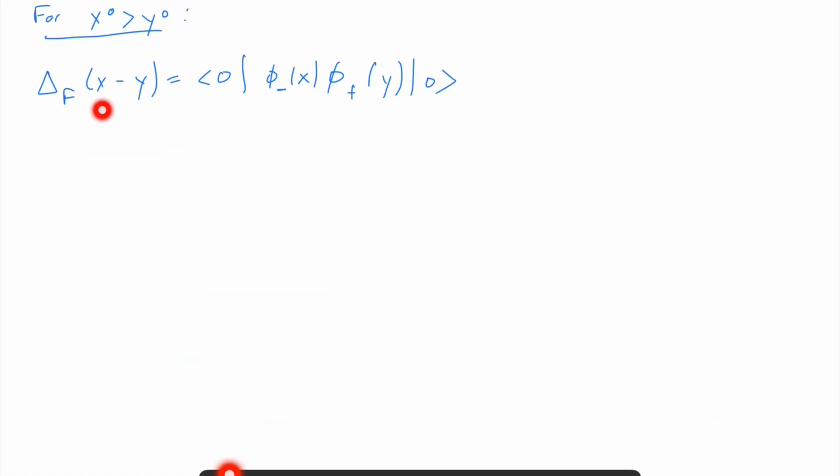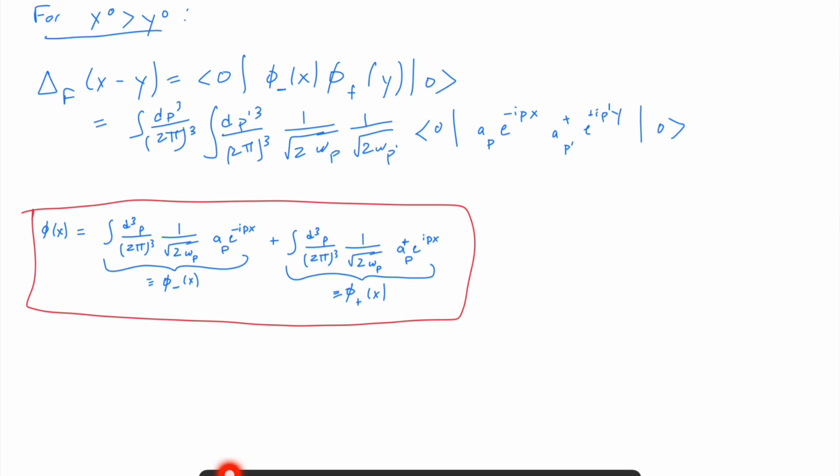Remember, the scalar Feynman propagator is this expression over here when x naught is greater than y naught. So that's the expression we're about to calculate. Let's start doing that. Now, remember what these things mean. We talked about the continuous representation, which is what we're going to use.